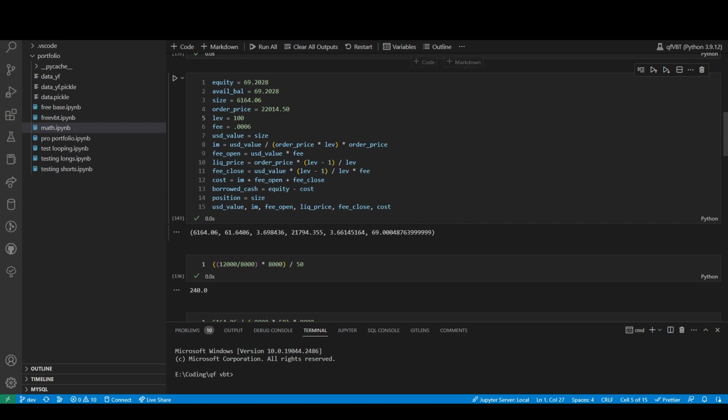Yeah, it's 0.28. So it says that our liquidation price should be 21,904.